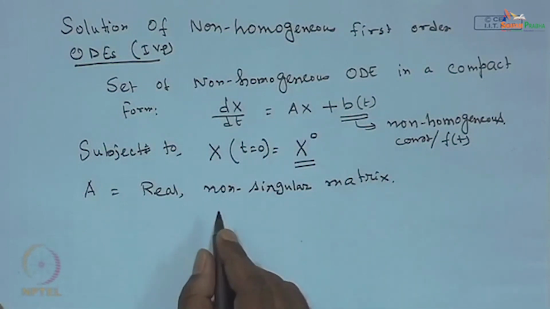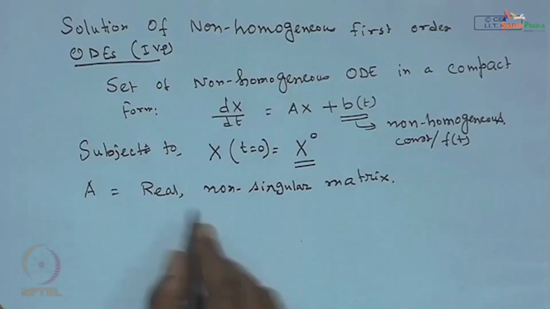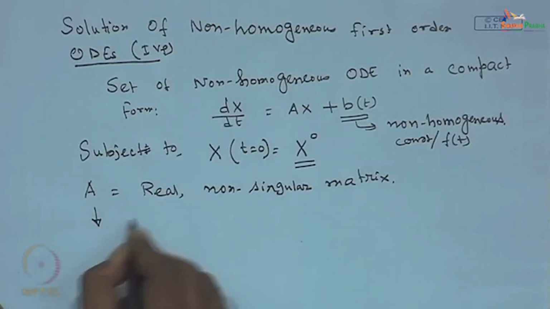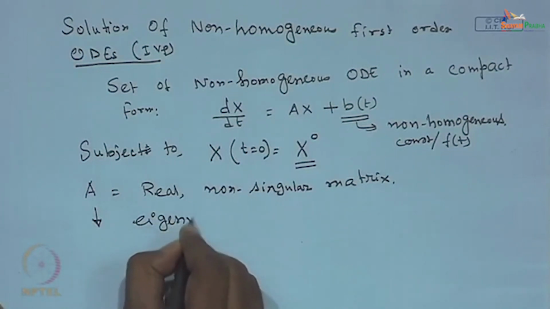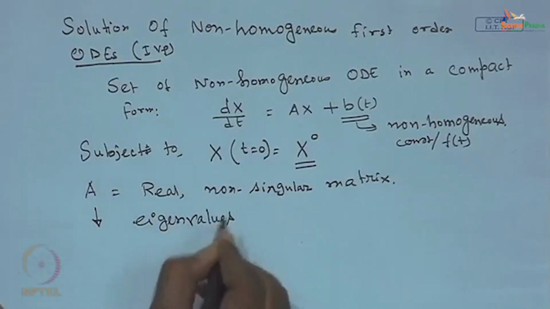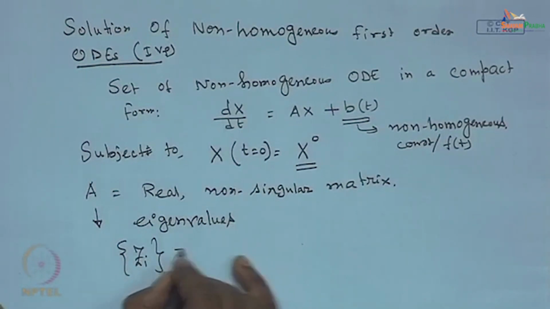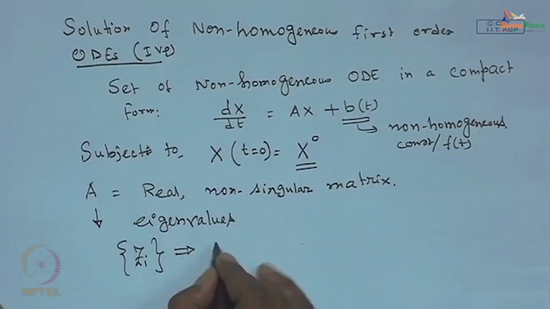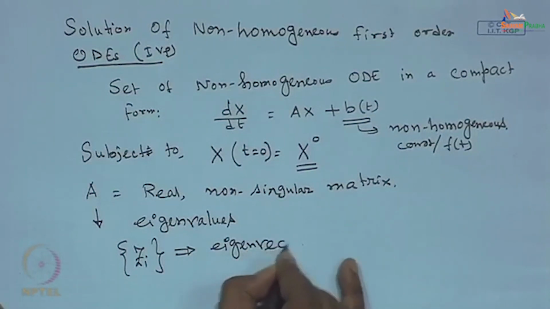and we know how to evaluate the eigenvalues and eigenvectors of this matrix. Let us say z_i forms a set of vectors which are nothing but the eigenvectors.